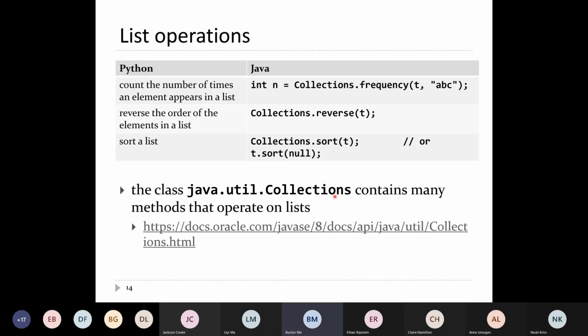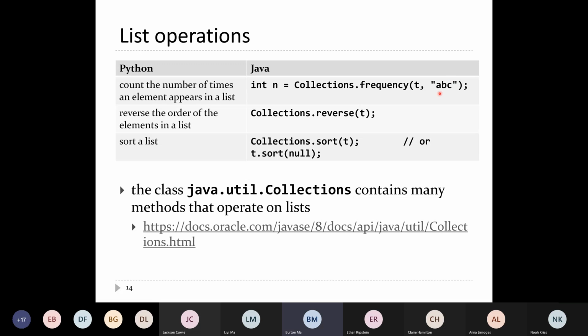When you see a class that's pluralized in Java, like Collections with an S, that usually means it's a utility class that operates on objects of type Collection. There's also a class called Arrays, a utility class that operates on array objects, and there's a few of these utility classes in the language.